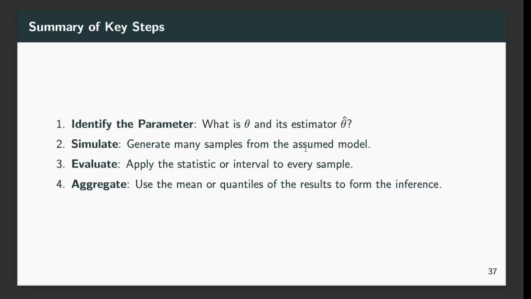Sometimes we use the quantiles or even the standard deviations, and these are used to form the inference. For example, for MSE, we take the mean of squared errors, and for power studies, we take the mean of the rejection indicators. All these steps, identify, simulate, evaluate, and aggregate, form a complete Monte Carlo inference toolkit.